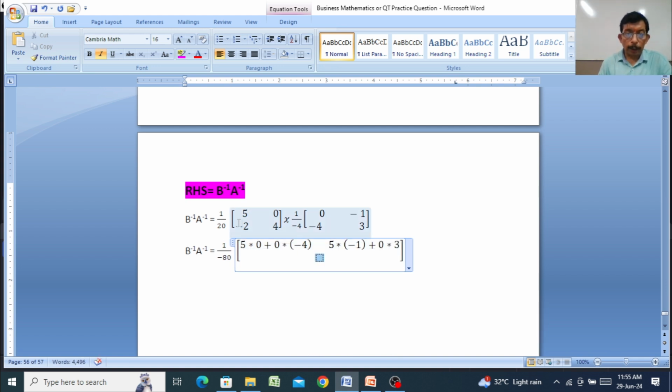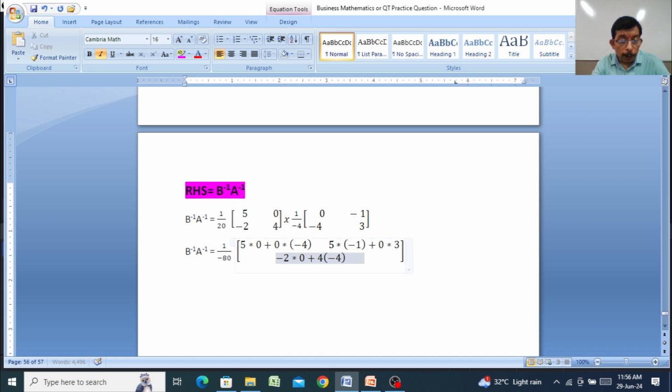Then the second row multiplied by the first column. The first row multiplication with all the columns is complete. Now we come to the second row, multiplying each column one by one. Second row multiplied by the first column: minus 2 multiplied by 0 plus 4 multiplied by minus 4.